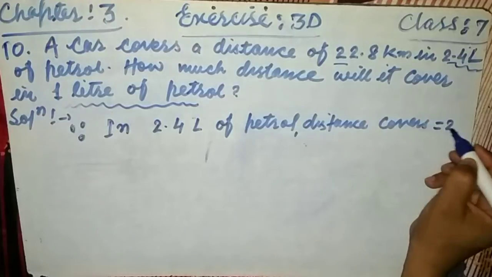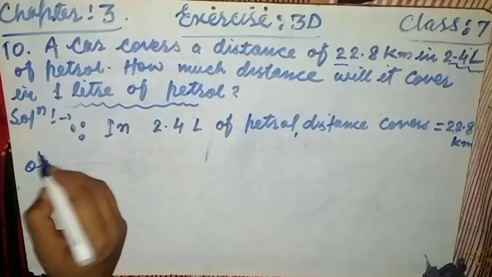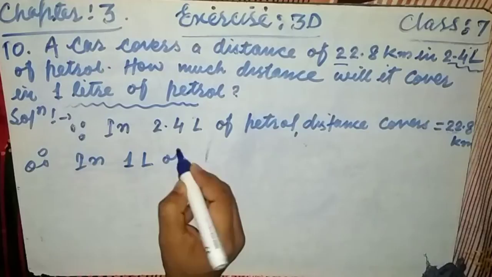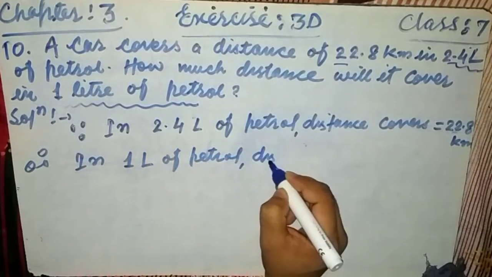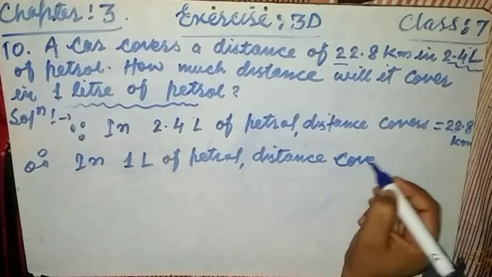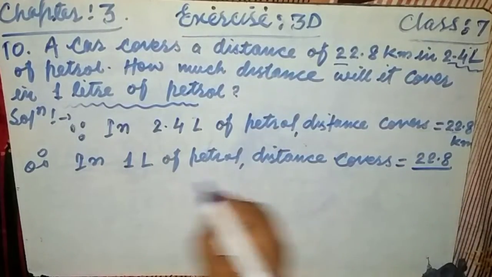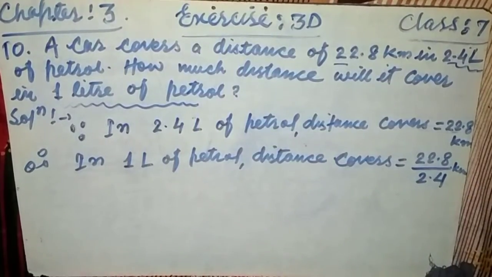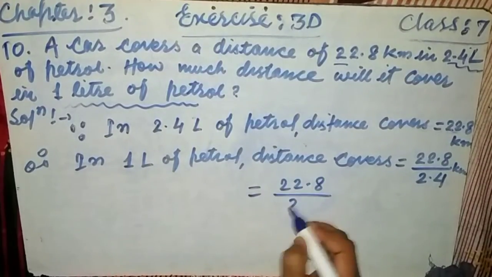So therefore, we have to find in 1 liter of petrol, distance covers 22.8 divided by 2.4 kilometers. Okay friends, now see friends, here 22.8 divided by 2.4.